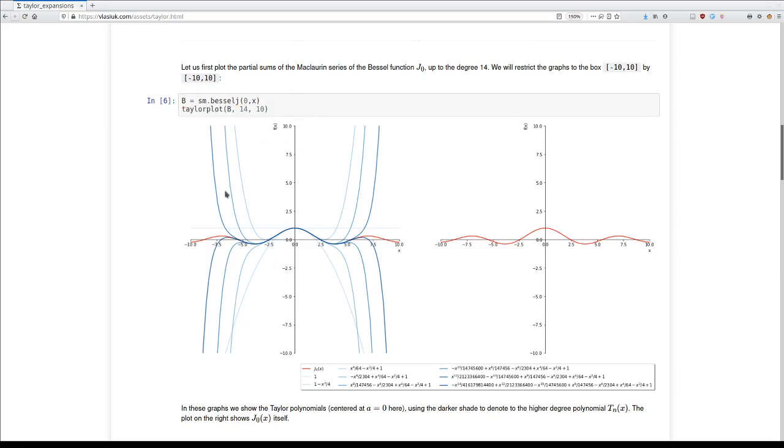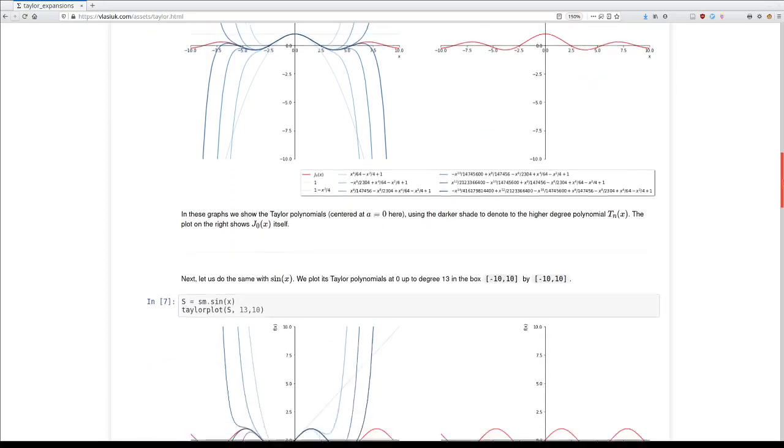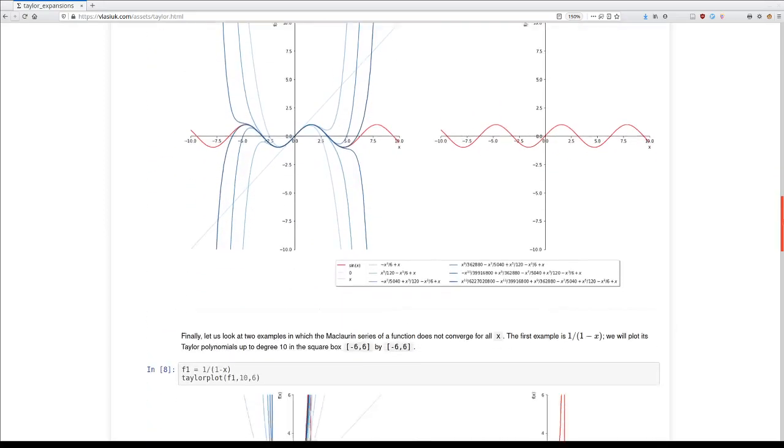And the degree of the polynomial will be shown in the lightness of the color, so that the darker the color here, the higher the degree of the polynomial. And so you can play with this code to produce some other graphs as well.